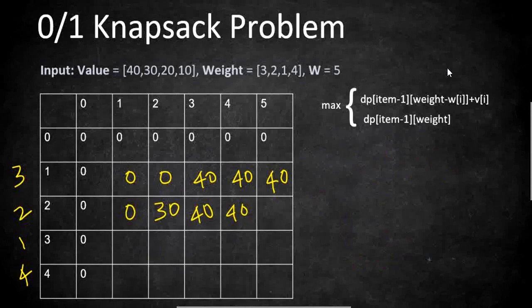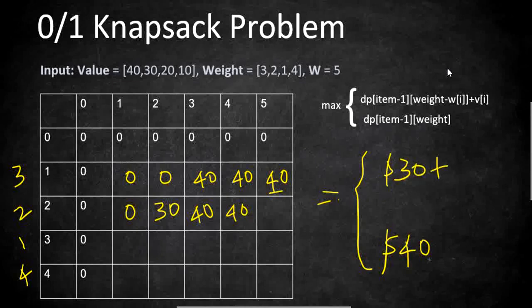Now moving on to the next cell where the weight of the item is 2 and the maximum weight of the bag is 5. So here we have two options. If we are not picking the item, then the previous row's value is 40. And if we are picking the item, the value is going to be 30, plus the overall capacity is 5 and the item's weight is 2, so the space remaining in the bag is going to be 3. So from the previous items we can pick an item of weight 3.